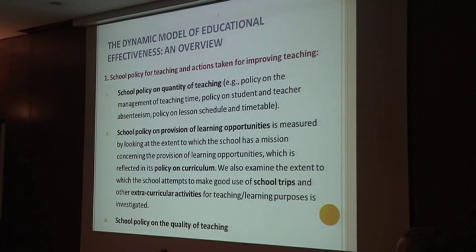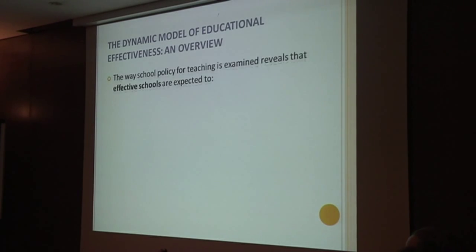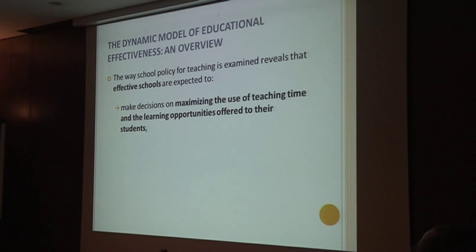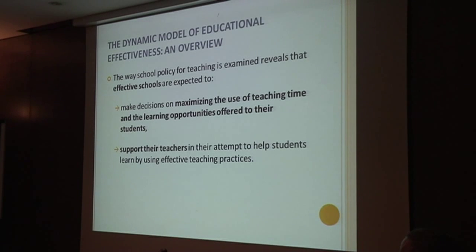So quantity of teaching, learning opportunities, and quality of teaching, the third aspect, implying basically that it's not enough to take decisions in order to maximize the time and the learning opportunities. You also need to support teachers to improve their teaching skills, and through that to improve the quality of teaching, which is going to have an effect on student learning outcomes at the end of the day.